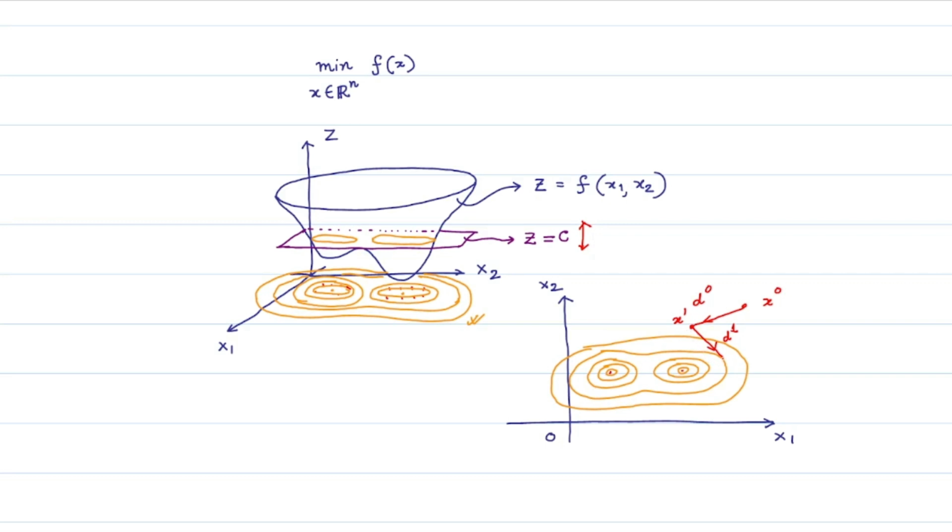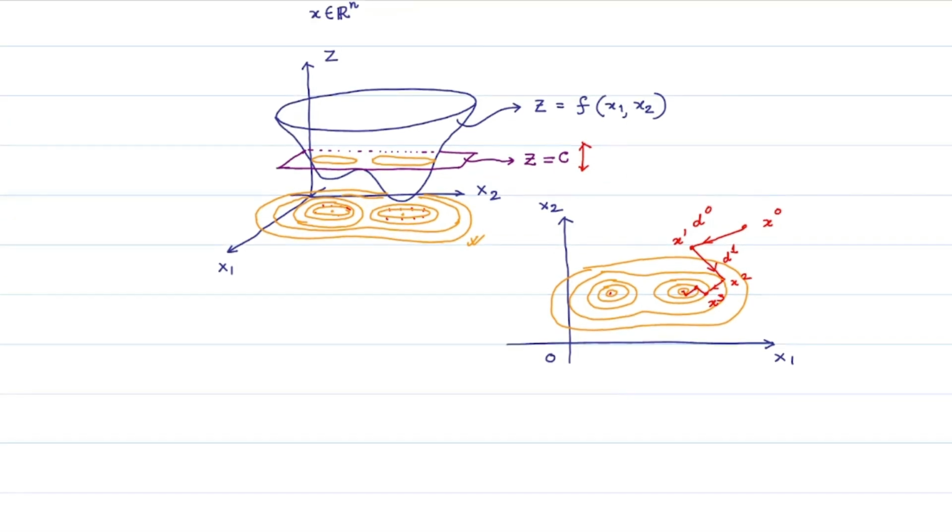Then we will reach the point x2, and then reaching x2 we will again find the descent direction, and we will reach the next iterative point x3, and so on. In this way we keep moving in an optimization method, and finally we expect to reach a local minimum of the given function. Broadly, optimization methods differ by different ways of choosing these descent directions and the step lengths.